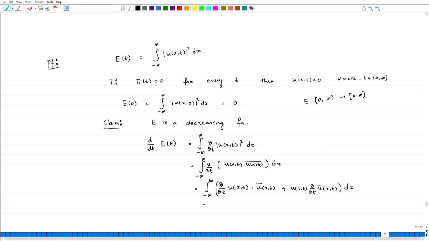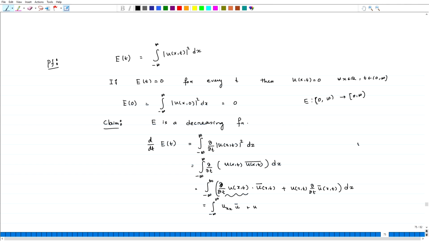Now, what we know is our equation u_t is equal to u_xx. So, we will replace this: this is u_xx times u-bar, plus u times u_t-bar.